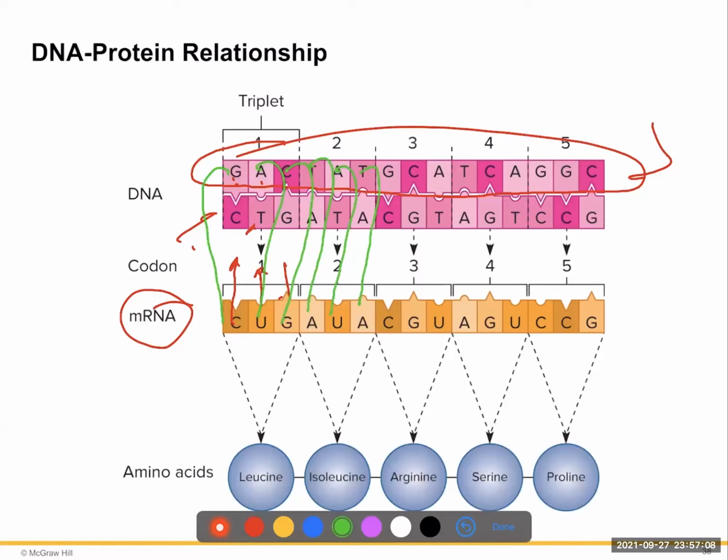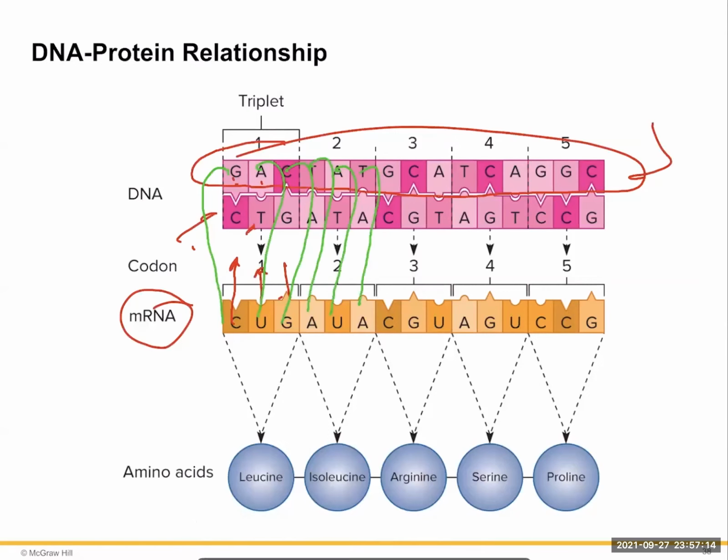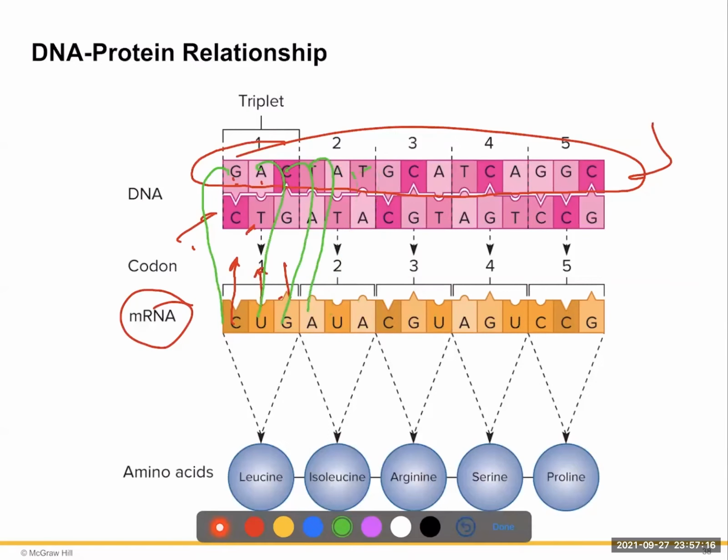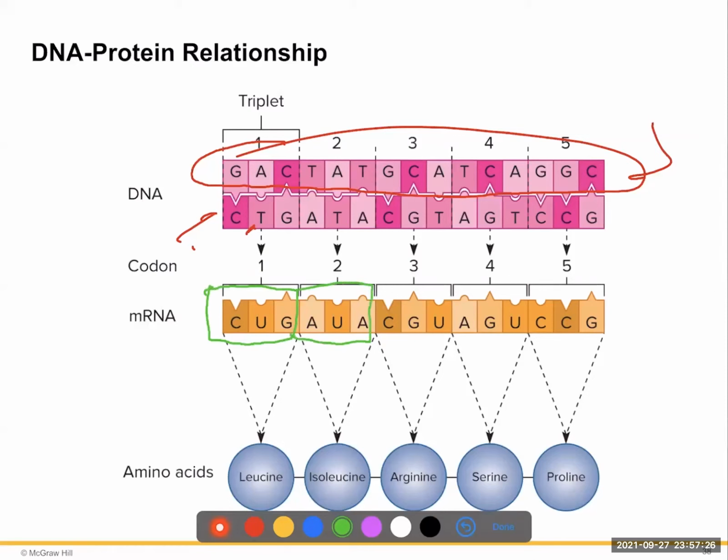That unzips and opens up, and now you have your messenger RNA. Each of these three here is what's called a triplet. This code is read in triplet form. The transfer RNA has three matching bases.